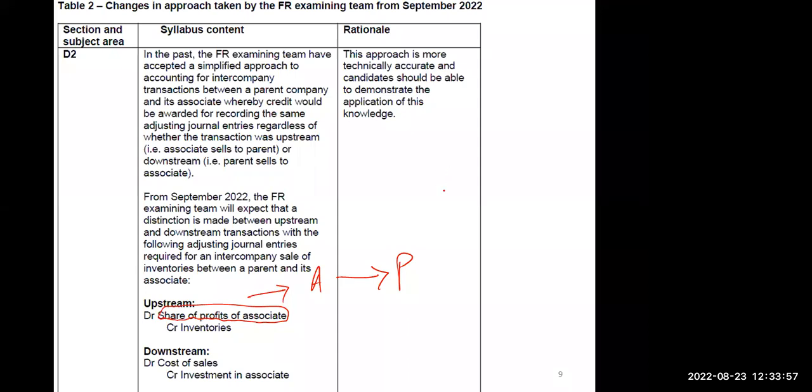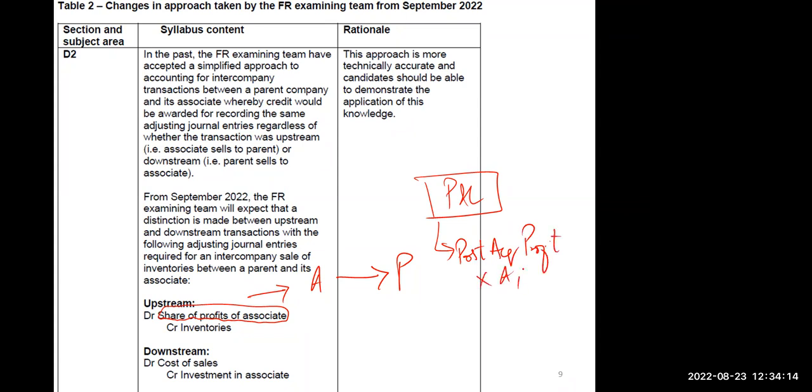The share of the associate profit that we recognize in the income statement is calculated as post acquisition profit of the associate multiplied by associate percentage, minus impairment loss, minus this unrealized profit, minus dividend received.